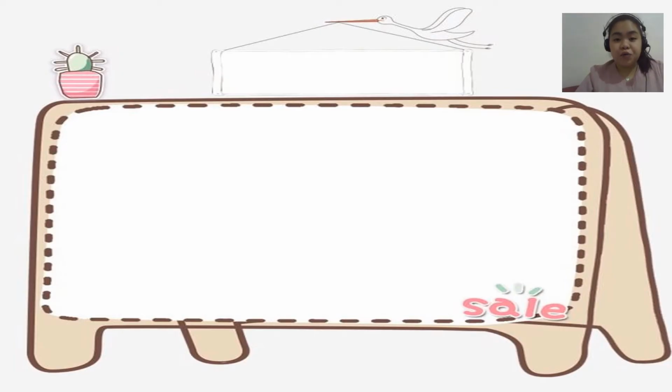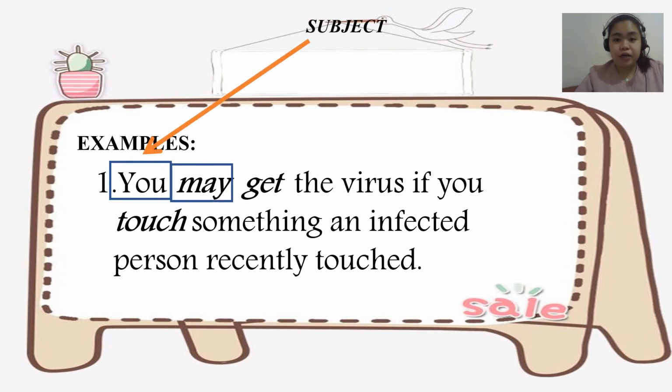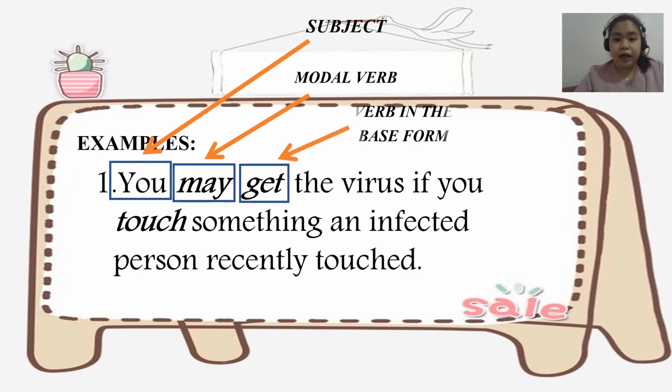So now let's move on to our examples. The first one: you may get the virus if you touch something an infected person recently touched. So let's try to identify the parts of the sentence based on the structure given a while ago. We have you as our subject, may as our modal verb, and get as our verb in the base form.